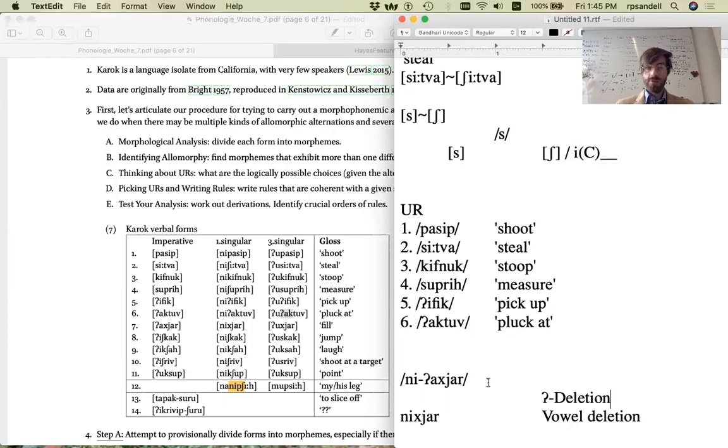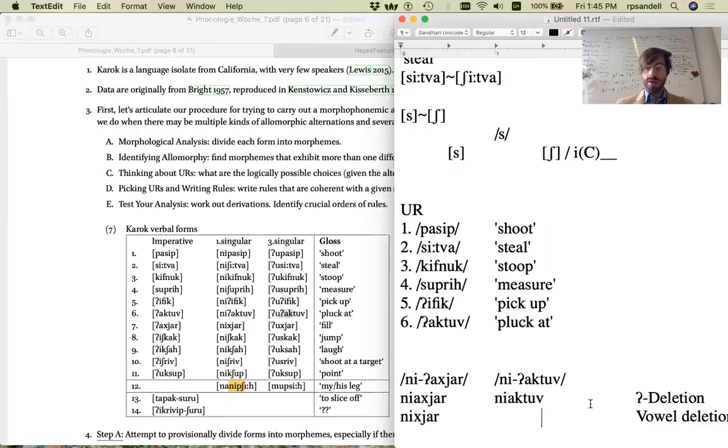If we took row number 6 as an example in its first singular form, if we assumed that there were a process of glottal stop deletion between two vowels, then we should find in row number 6 the first singular form niktuv, which is wrong.